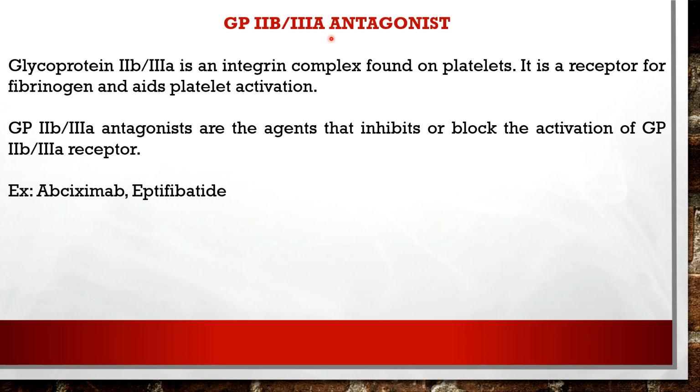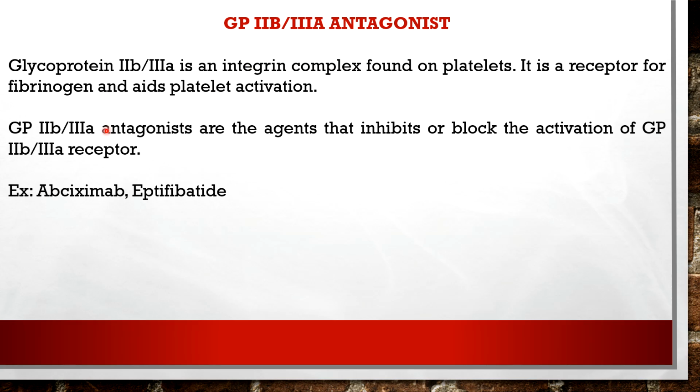Glycoprotein 2b3a antagonist. This glycoprotein 2b3a receptor usually binds the fibrinogen and it activates the platelets. How? This glycoprotein 2b3a receptor will bind the fibrinogen and convert the fibrinogen into fibrin, the final step of clot formation.